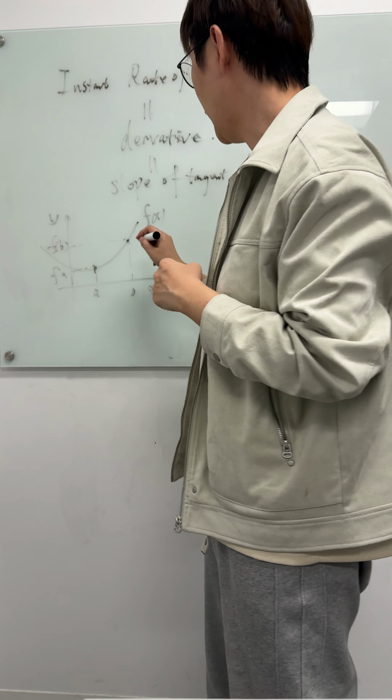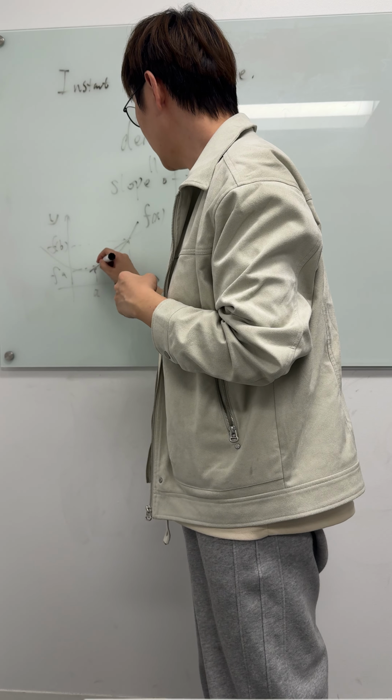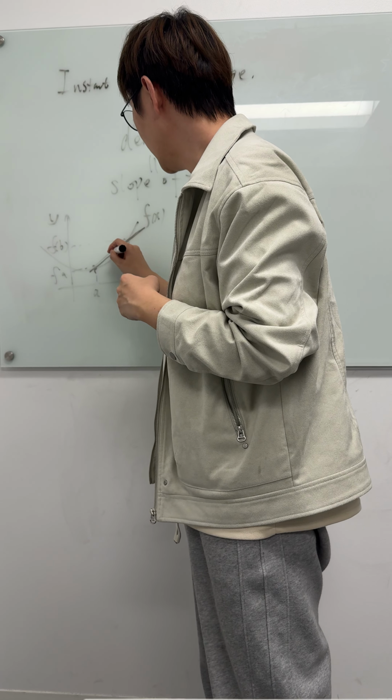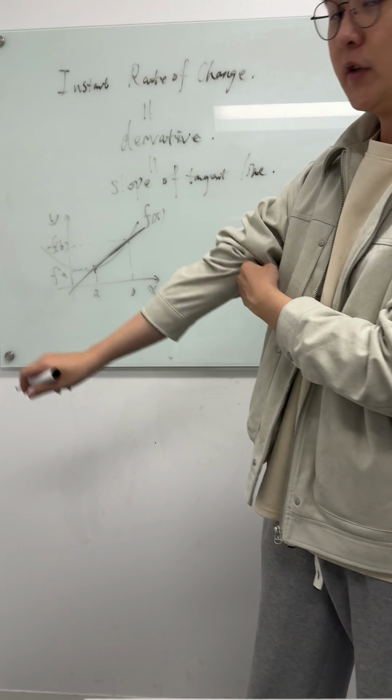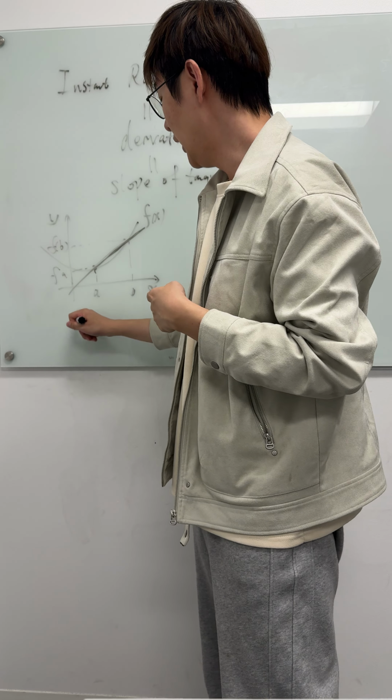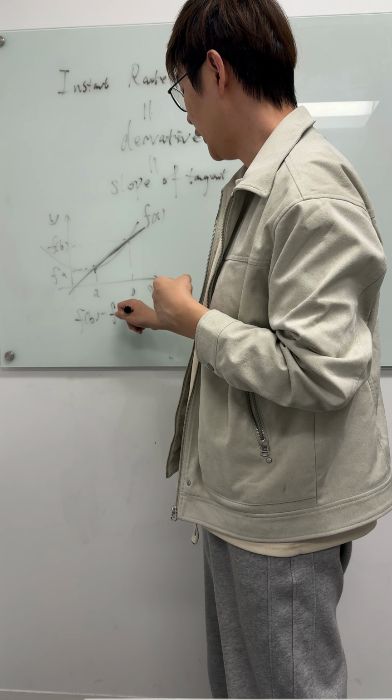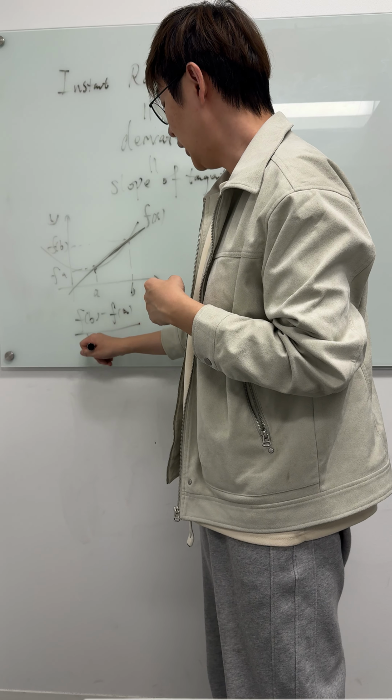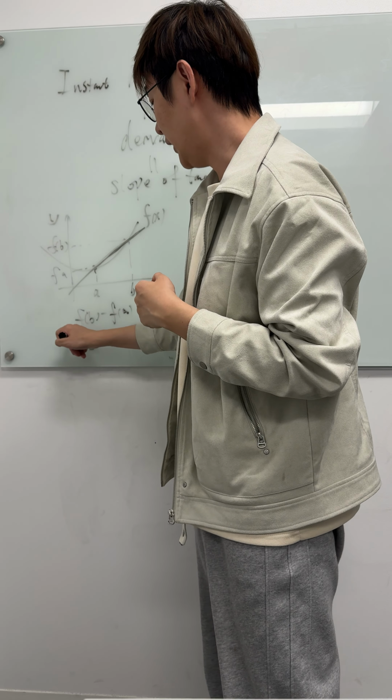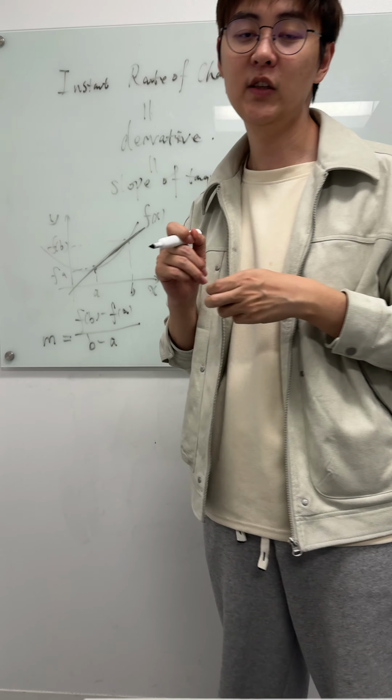We have a secant line across these two points. The slope of the secant line is (f(b) minus f(a)) divided by (b minus a).